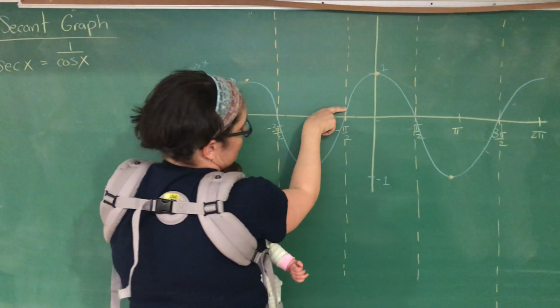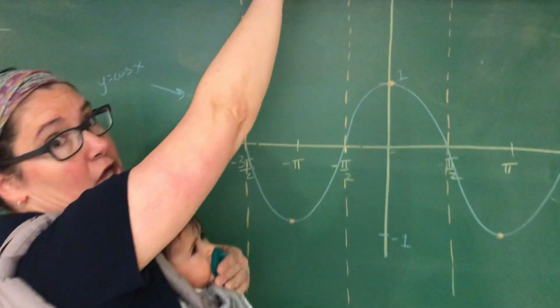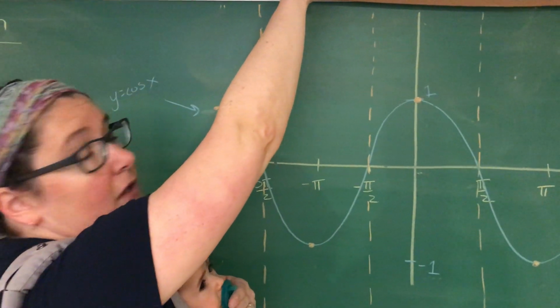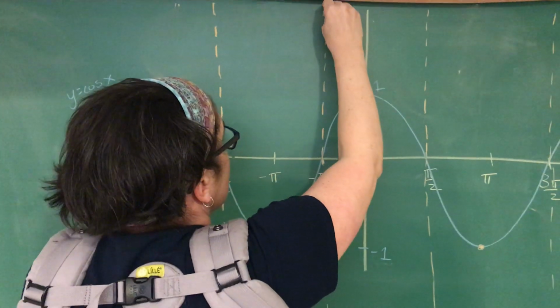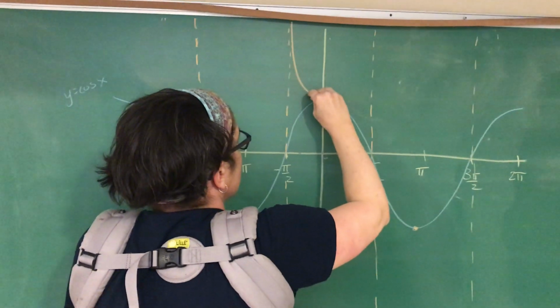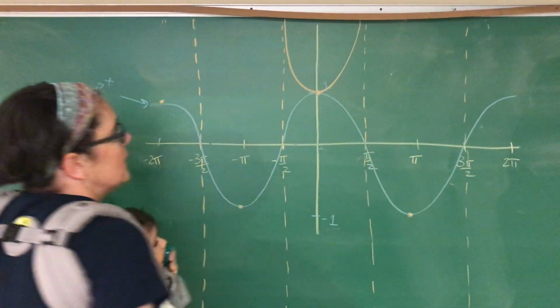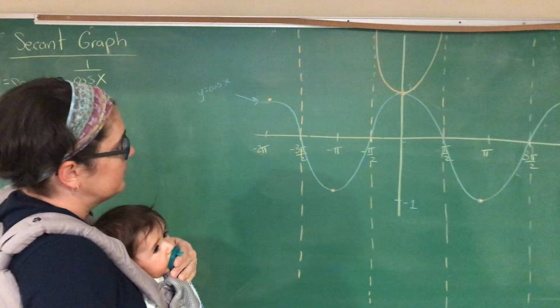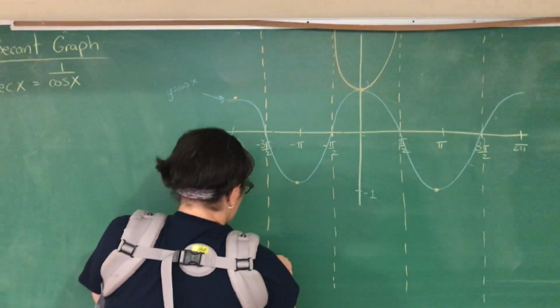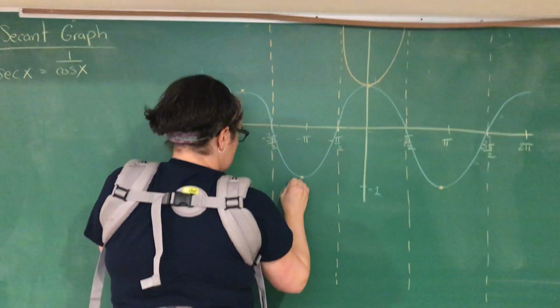Tiny y values on cosine mean big y values on secant. So our graph will look like that U shape, but slightly shifted from the cosecant graph. So we have two downward facing U's.